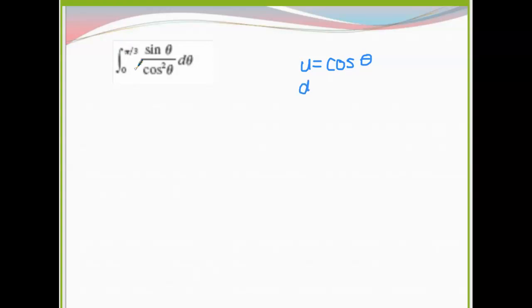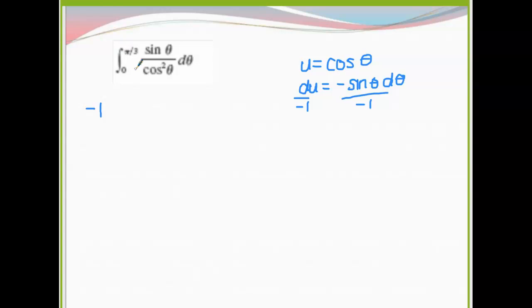That makes the derivative of cosine negative sine, so the negative goes with the du. So you get negative 1 out in front.